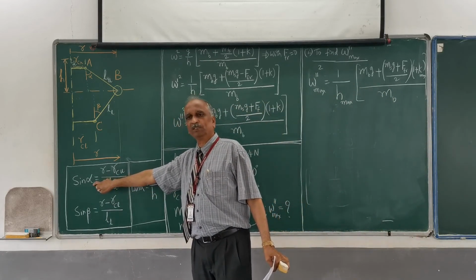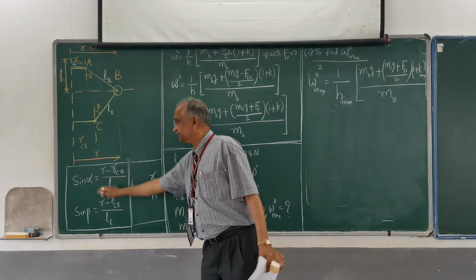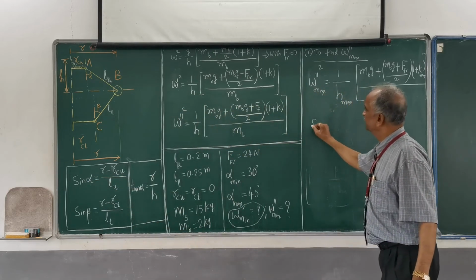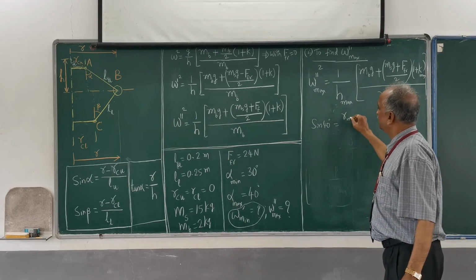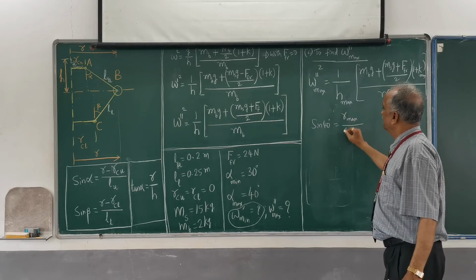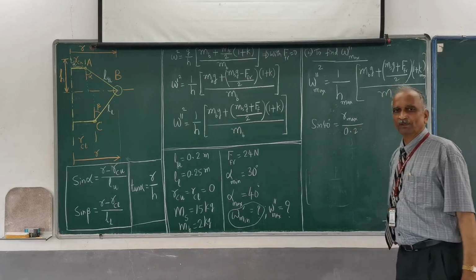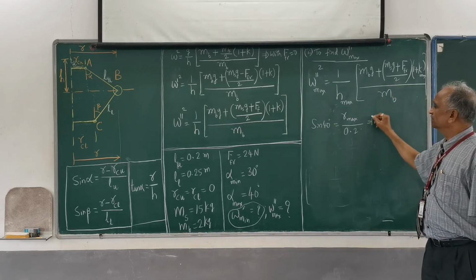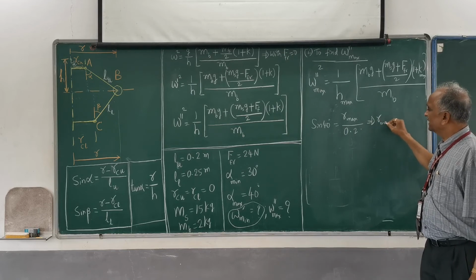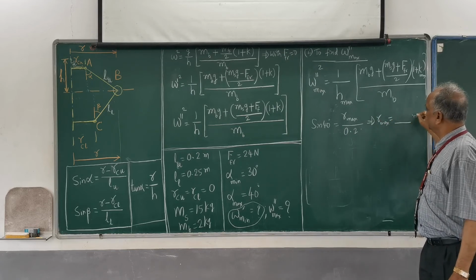Alpha max is 40 degrees. Sin 40 degrees is equal to R max divided by 0.2. Knowing this you can easily calculate R max, which will give you so many meters.